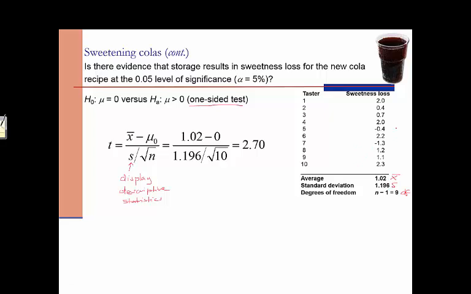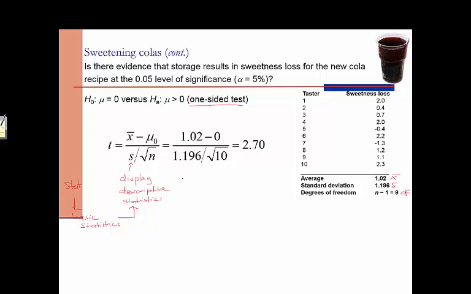You just type in these numbers, then you go to Stat, then Basic Statistics, and then Display Descriptive Statistics.